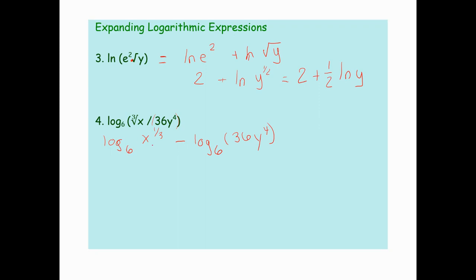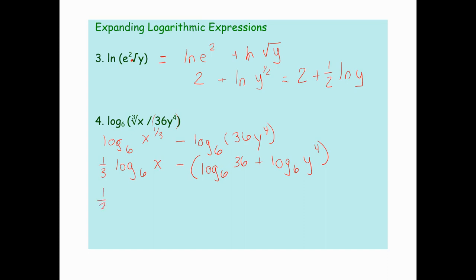So let's first simplify this expression. Using our power property, we're going to bring this in front. So I have 1/3 log base 6 of x minus, now this whole thing, so we're going to put in parentheses, log base 6 of 36 plus, because it's the quotient, these two things are getting multiplied, log with base 6 of y to the 4th. We should know that we can simplify log with base 6 of 36.